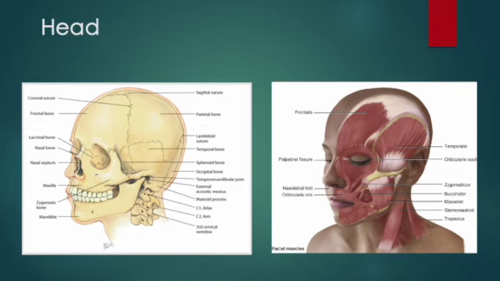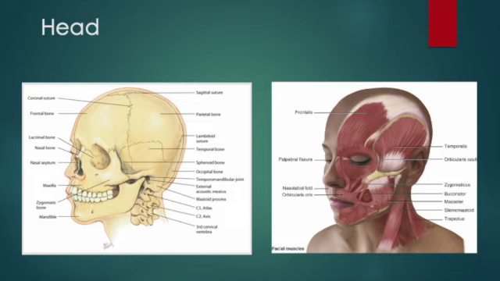Now, the facial structures are symmetric, so you're looking at the eyes, the ears, nose, mouth. They all should be about the same on both sides, and the palpebral fissures, which are the openings between your eyelids, they should also be equal bilaterally. Palpebral fissures is another landmark that you need to be aware of.